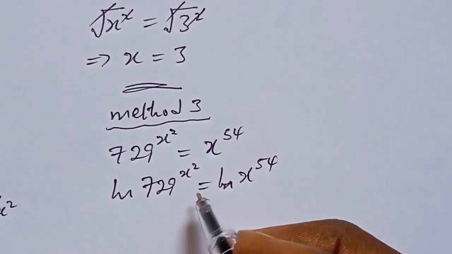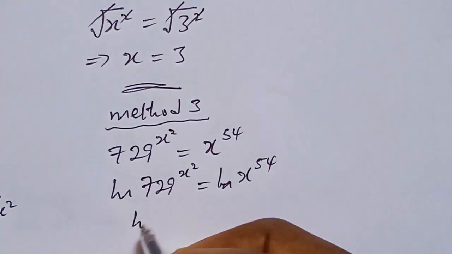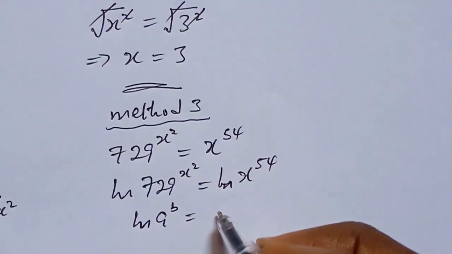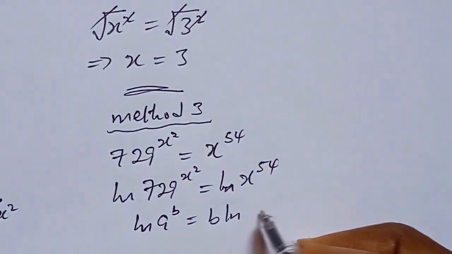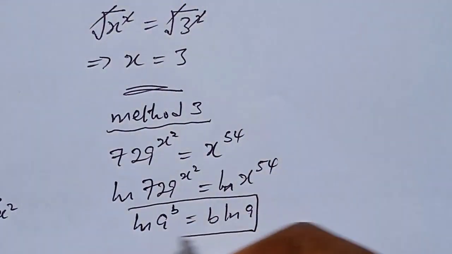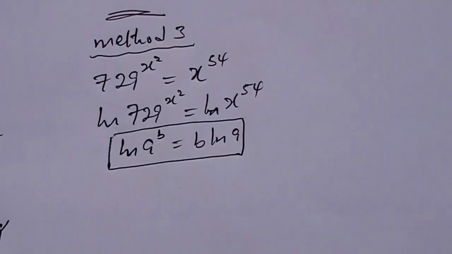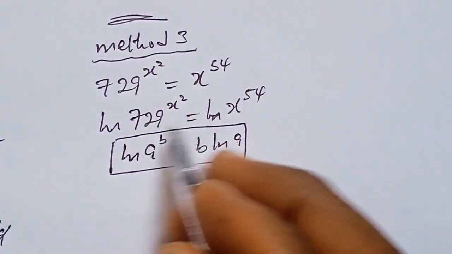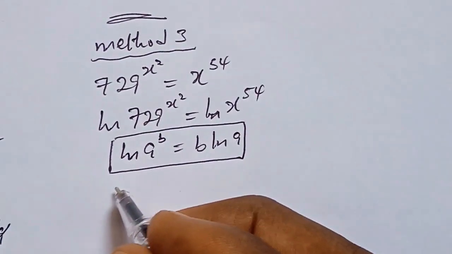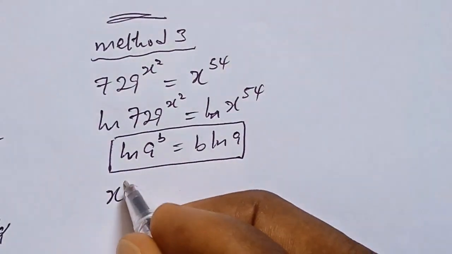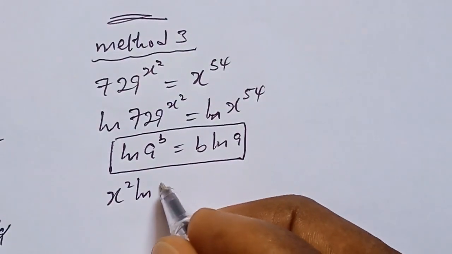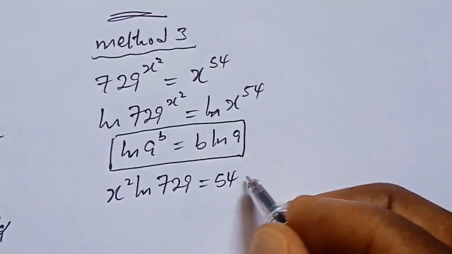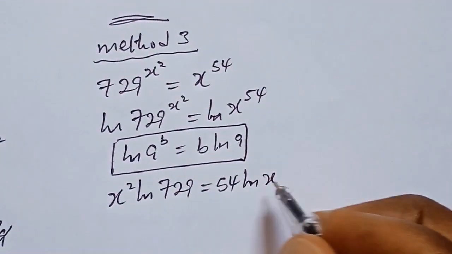Now from here we have this identity: natural log of a to the power of b can be written as b natural log of a. Now we apply this identity to our previous step to get x squared natural log of 729 equal to 54 natural log of x.